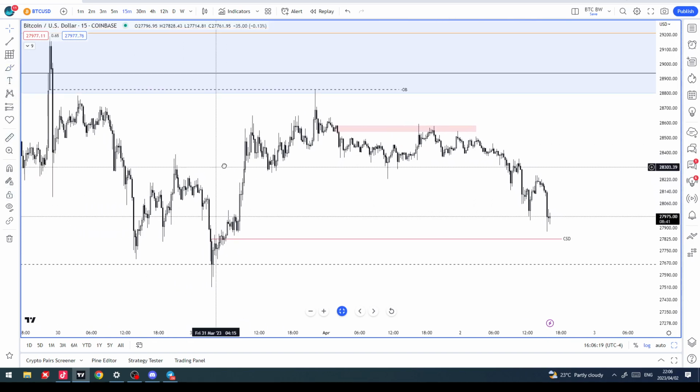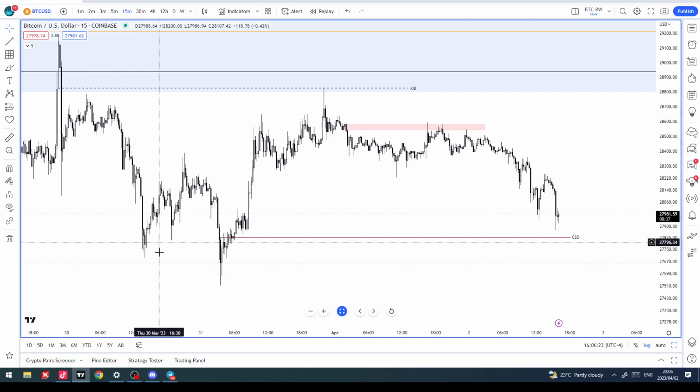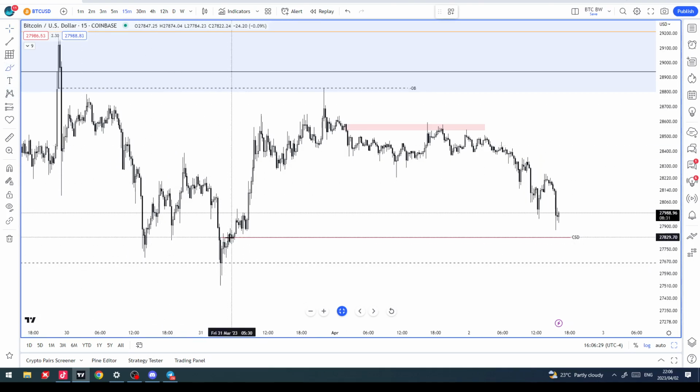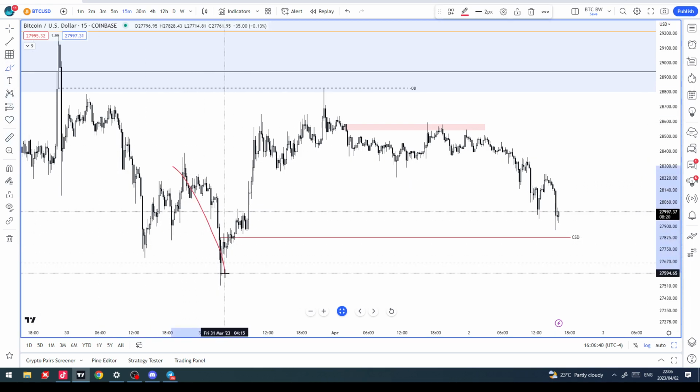Now, not everything is an order block, because an order block should be something that has taken liquidity and then resulted in a break of a high or low of some sort. So a change in the state of delivery. So if this order block took this low and then it was traded through, that's the change in the state of delivery. The change in the state of delivery from selling to buying.